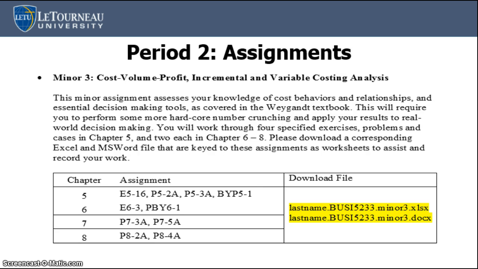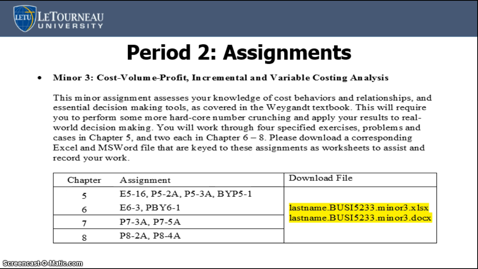The Minor 3 assignment is directed at your understanding of cost behaviors and relationships and the critical analytical tools used for value-creating operating decisions. There are 10 problems in total, 4 from Chapter 5 and 2 from Chapters 6 through 8. Excel spreadsheet templates are provided for some of the problems to help you get started. Use them if they are helpful to you.